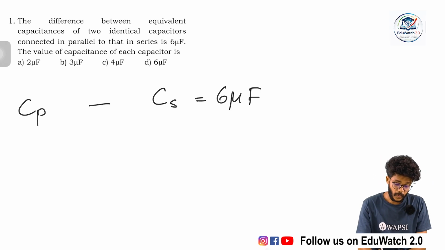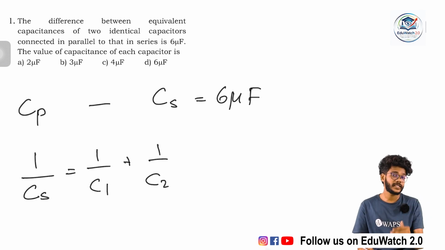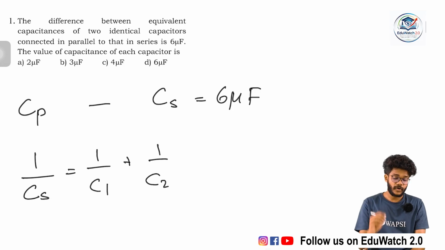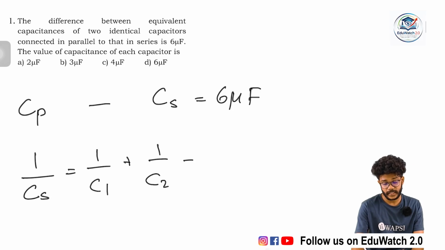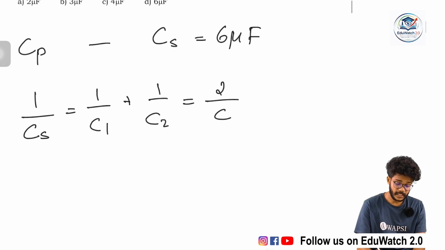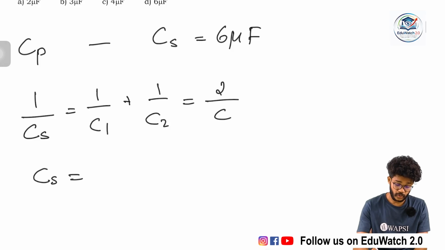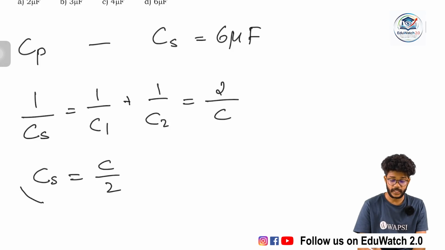So 1 by Cs equals 1 by C1 plus 1 by C2, the inverse combination. Since C1 and C2 are equal, 1 by C plus 1 by C is equal to 2 by C. So Cs is equal to C by 2. Put that in a box.